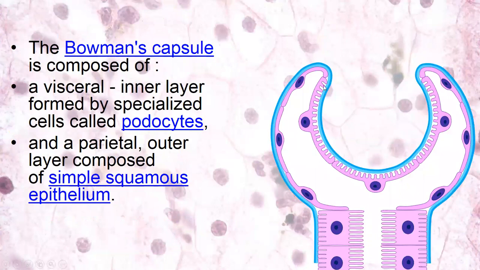So let's talk about structure of the Bowman's capsule. It has two layers, visceral or inner layer, and outer, the parietal layer. Both layers are formed by epithelium, and this epithelium is classified as simple squamous. But the inner layer of Bowman's capsule has specific cells, and they are called podocytes. Here we can see them. They also may be classified as a simple squamous epithelium, but they have some features of their structure because they provide specific functions.